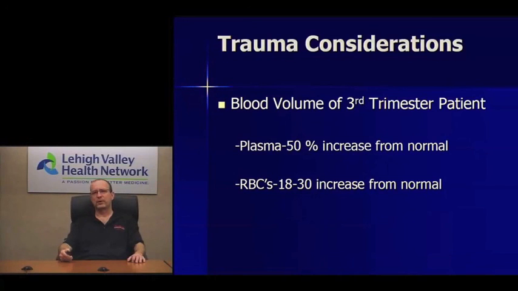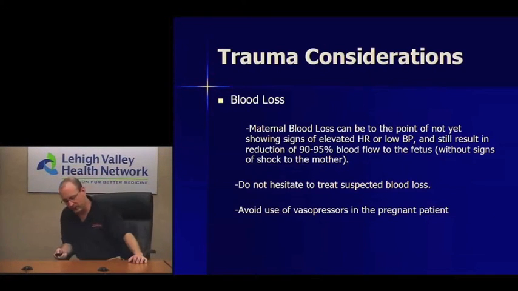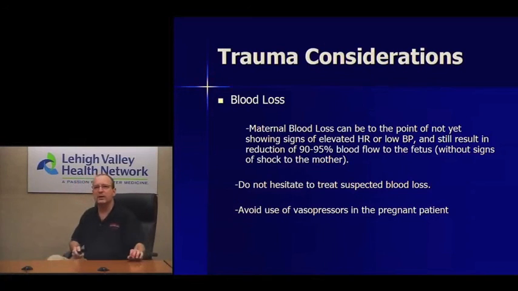Just a little bit of a discussion on the blood volume of a 3rd trimester patient or the mom. There's actually a 50% increase in the plasma from normal. There'll be like an 18 to 30% increase from the RBCs. And here's something really interesting that you want to really keep in mind when we see these moms that might be traumatized.